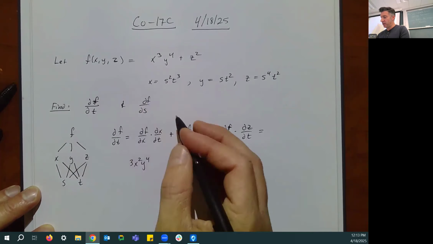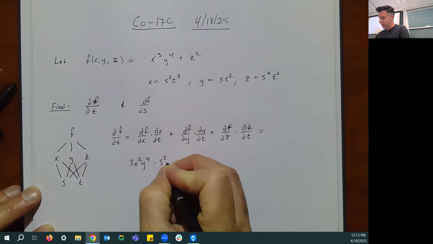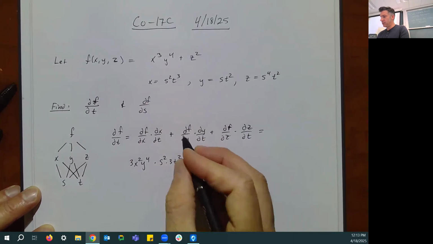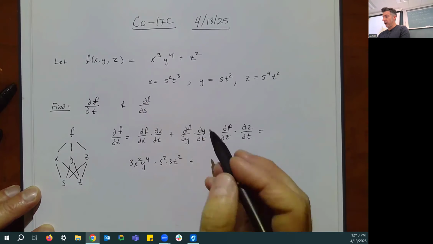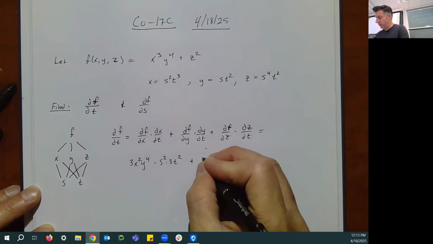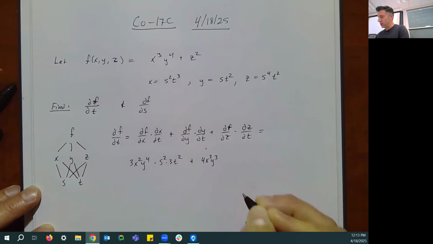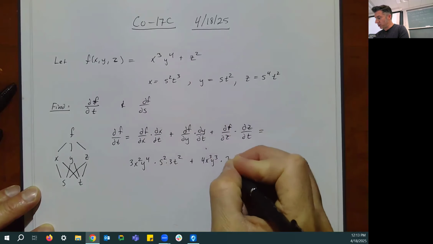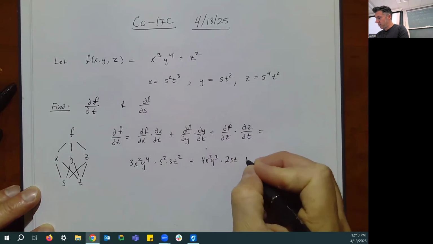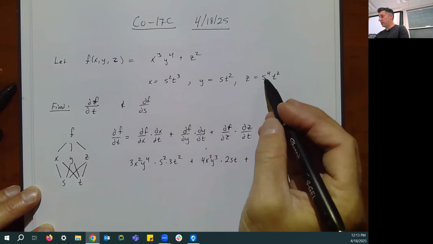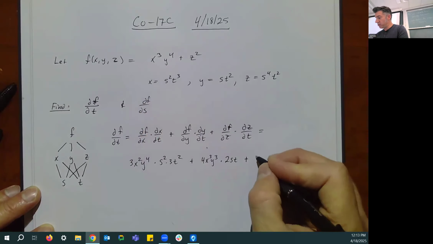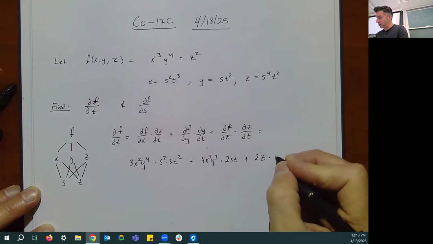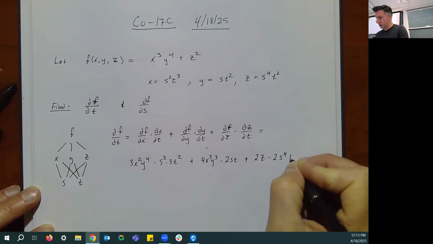Del X del T is going to be s squared times 3t squared, plus del F del Y is going to be x cubed times 4y cubed, or 4x cubed y cubed, times del Y del T, which is going to be s times 2t, or 2st, plus del F del Z, which is going to be 2z times del Z del T, which is going to be s to the fourth times 2t, or 2s to the fourth times t.